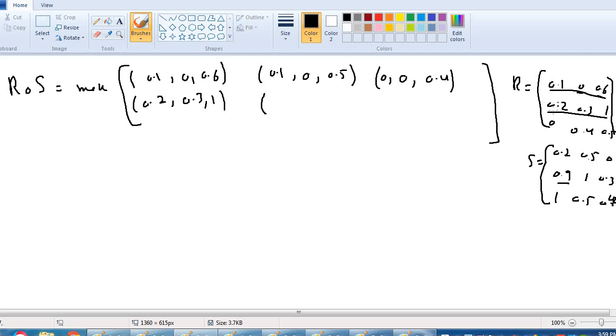Similarly, with 0.2 and 0.5, we get 0.2, then 0.3, then 0.5. In this way, now we apply it with the third column. We get 0, 0.3 and 0.4.